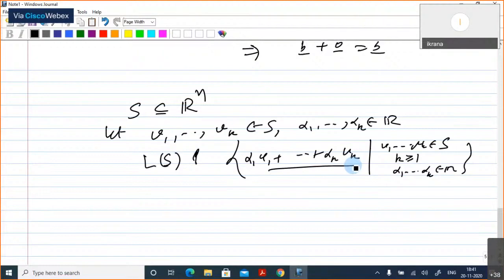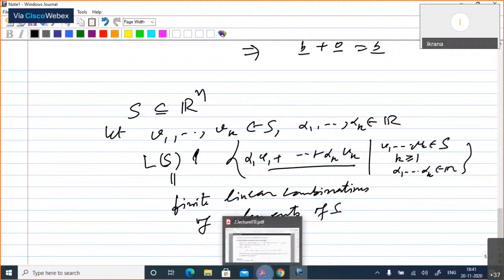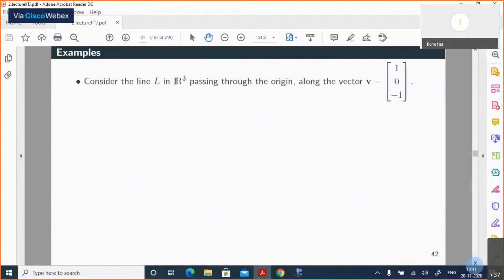So we are looking at finite linear combinations of elements of S. That is what is called the linear span of S. So what we are claiming is that L of S is a vector space. That is not very difficult to show.